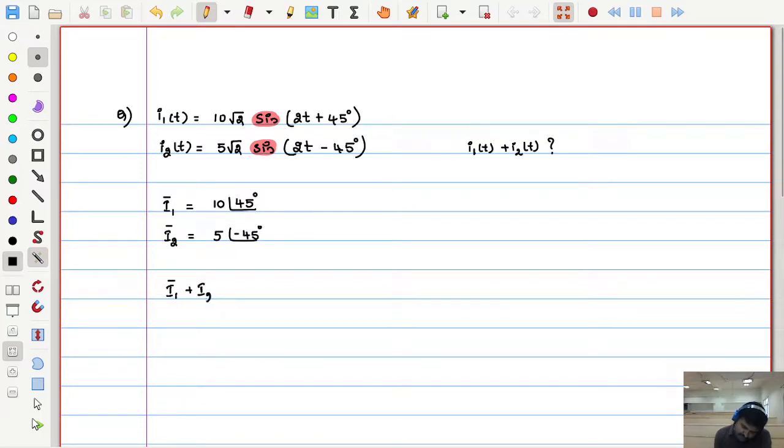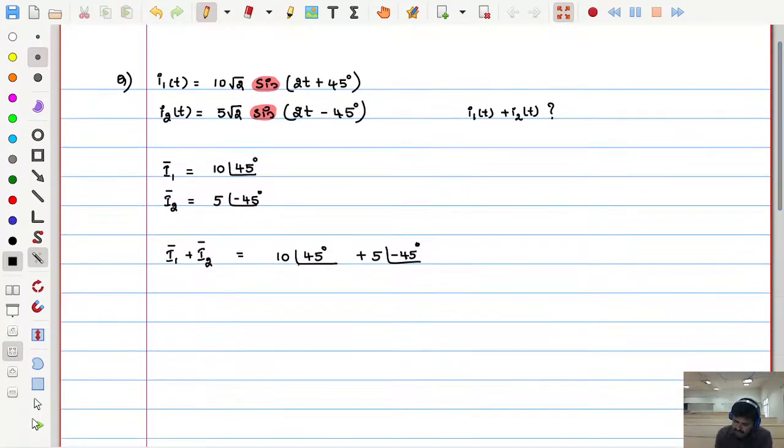I1 phasor plus I2 phasor is equal to 10 at an angle of 45 plus 5 at an angle of minus 45. One thing you can do is convert this polar form into rectangular form and add it. But with these scientific calculators, I can type directly 10 at an angle of 45 plus 5 at an angle of minus 45.